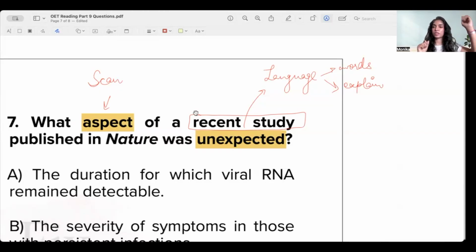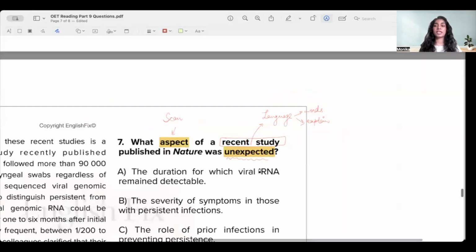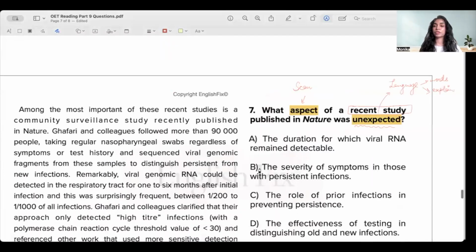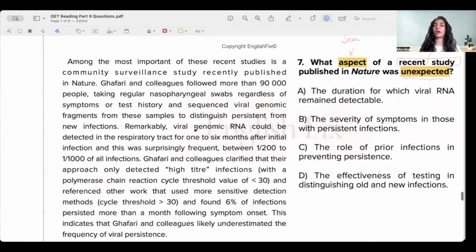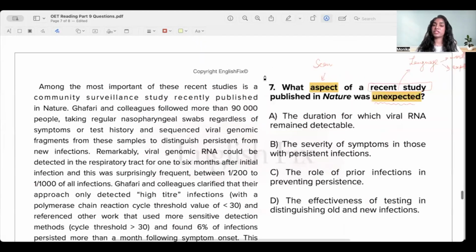Nothing before it, nothing after it. But if the entire paragraph discusses the recent study, then we don't need to look for anything except the language. If a sentence is not explaining it in a complete sentence or using words that tell me that something was unexpected, then I'm not going to pay attention to it, because they're not asking for meaning, they're asking for a very specific detail. So that's what I'm going to focus on.